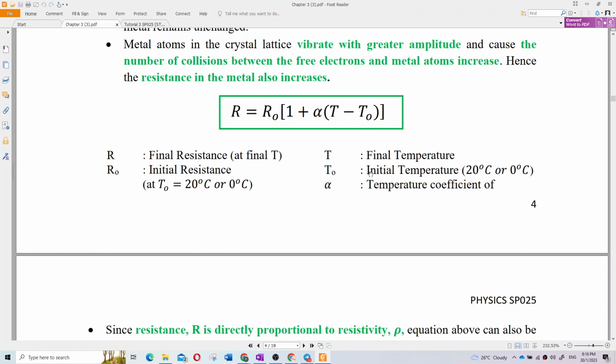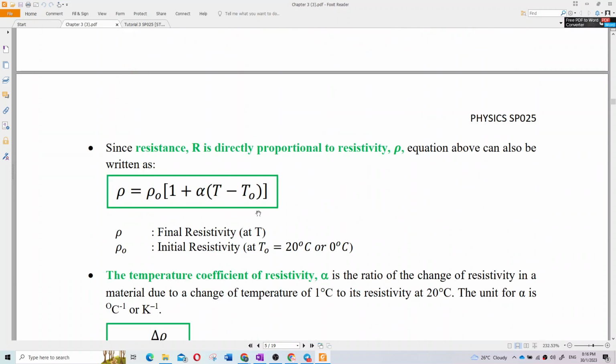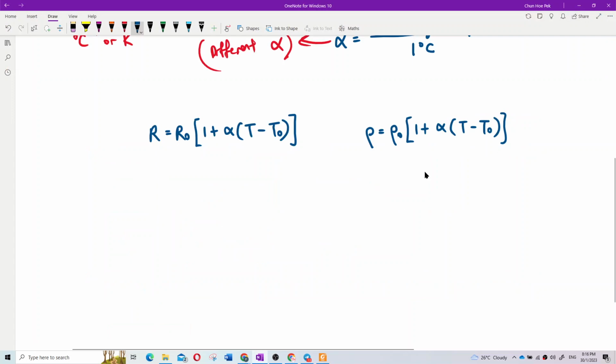So the thing is, T naught has a specific temperature. It must be either 20 degrees Celsius or 0 degrees Celsius, and the resistance R naught is the resistance at this temperature. Understand? So normally we call T naught the reference temperature.